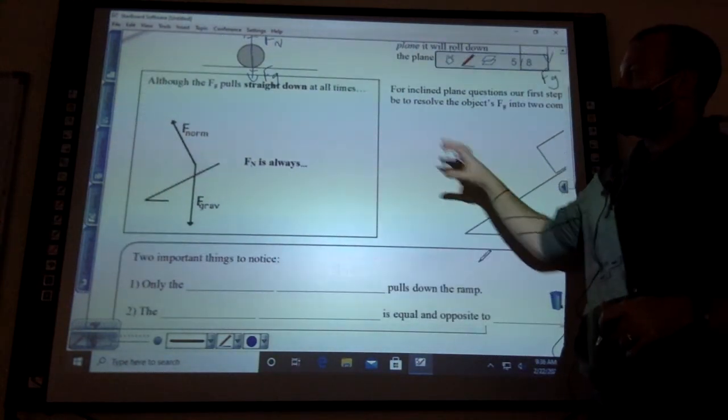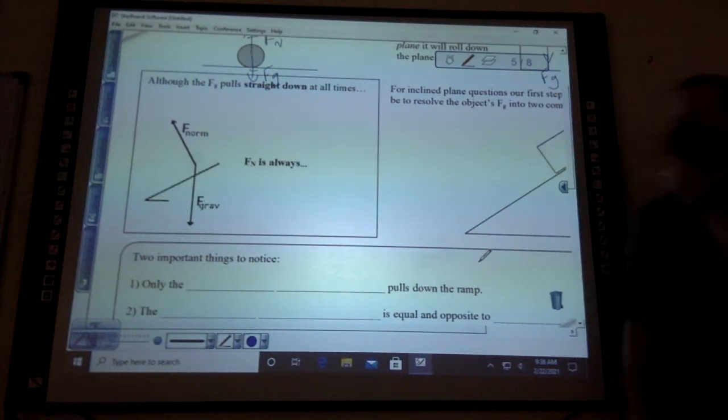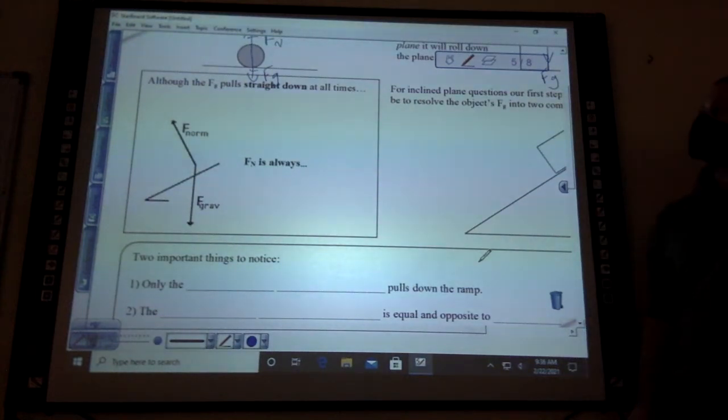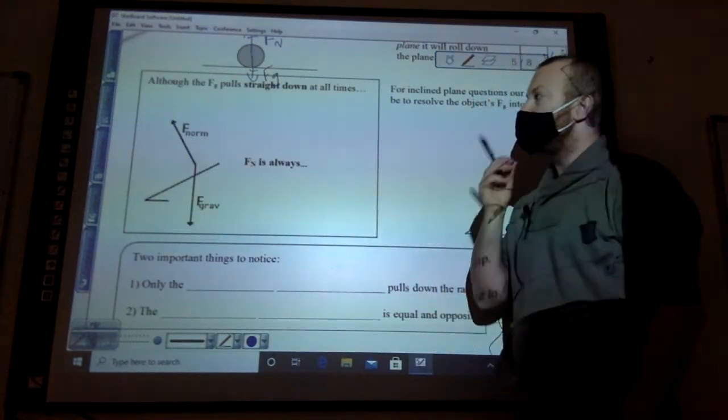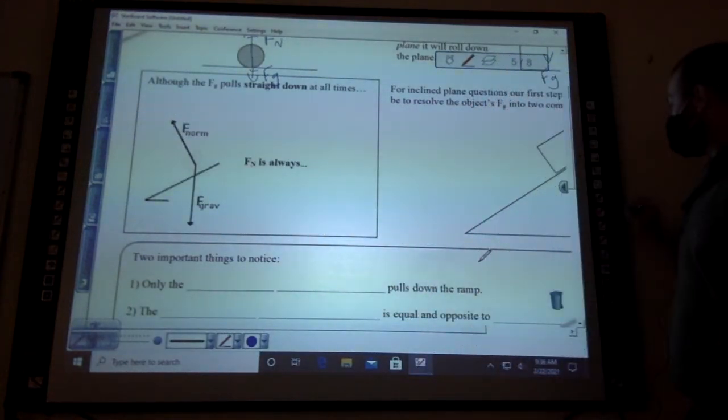So if I extend this, here's the graph we just drew, just flipped a little bit. So even though Fg pulls straight down at all times, only part of this is going to be our normal force.